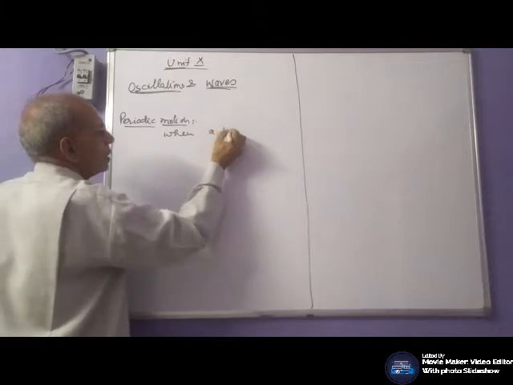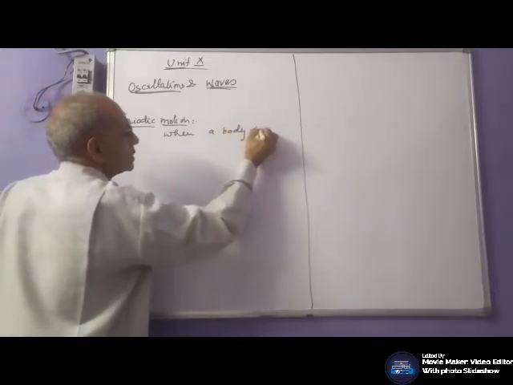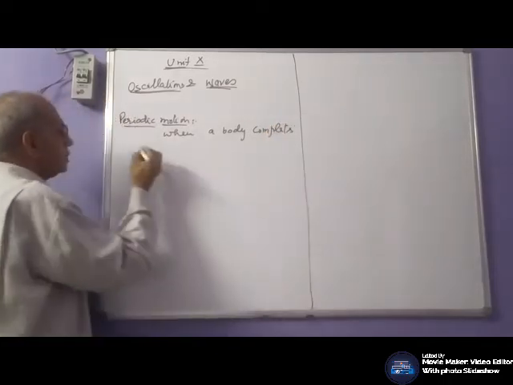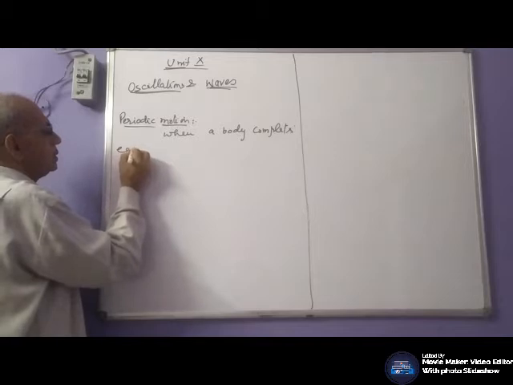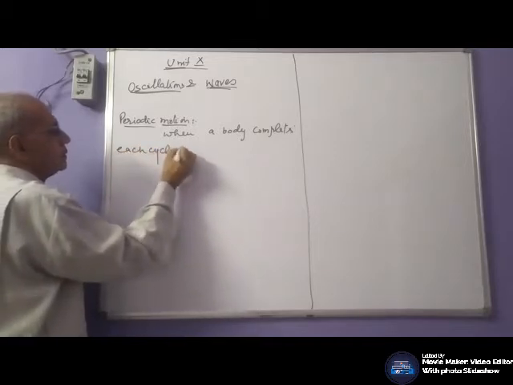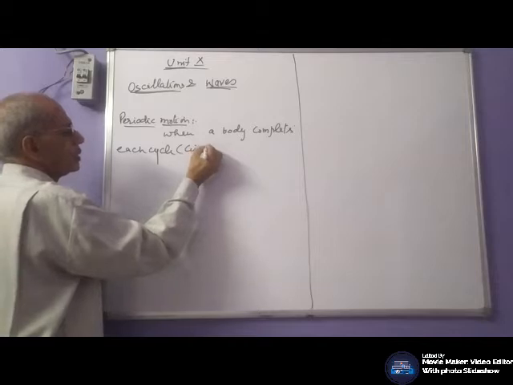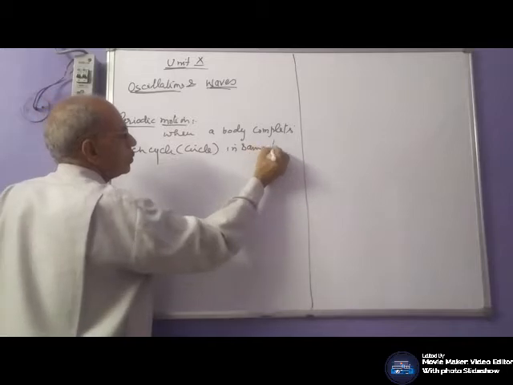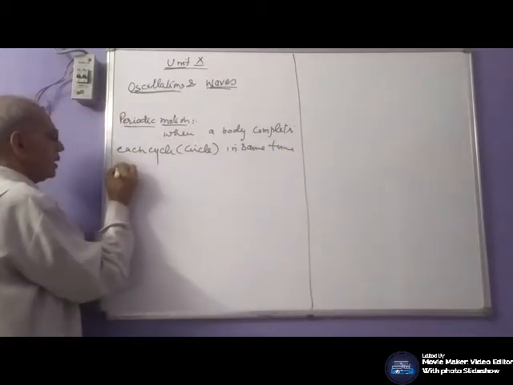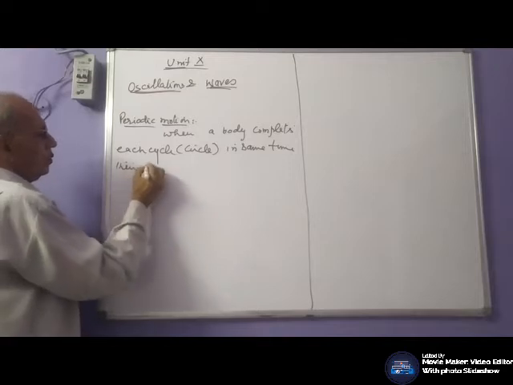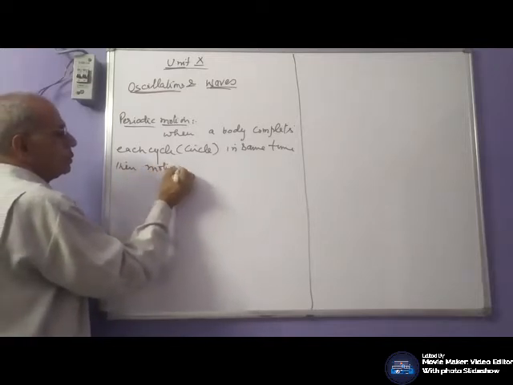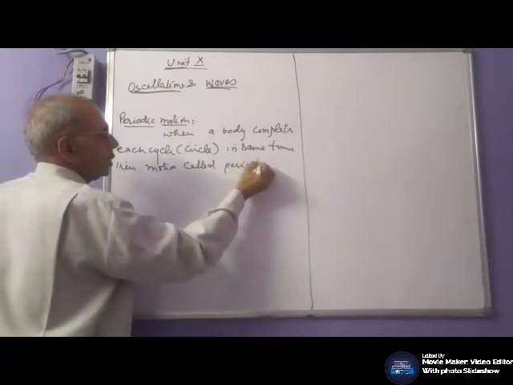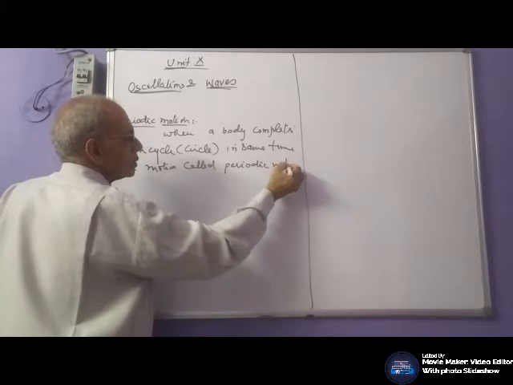When a body completes each cycle or circle in the same time, then the motion is called periodic motion.